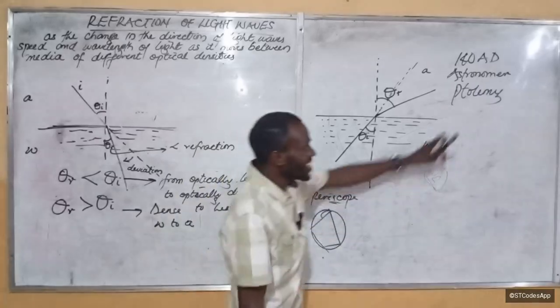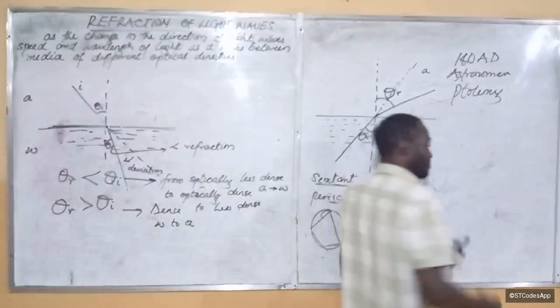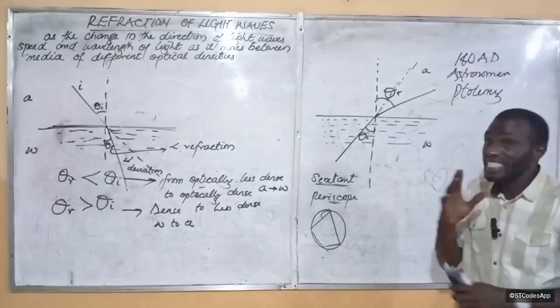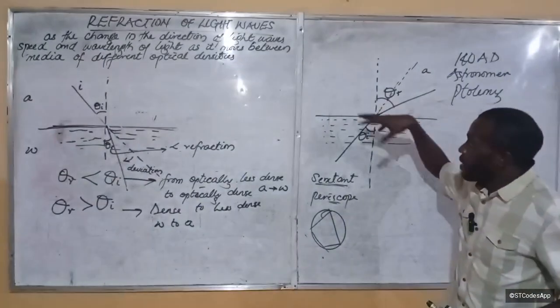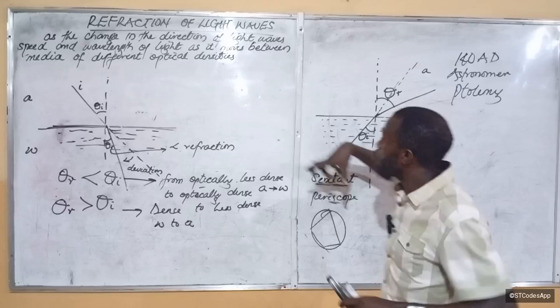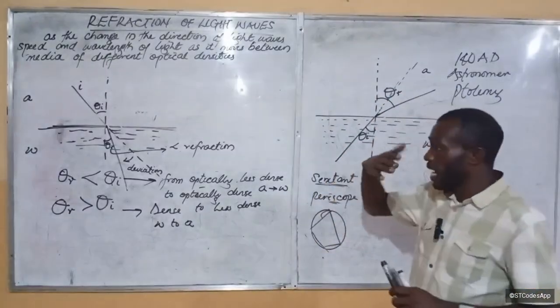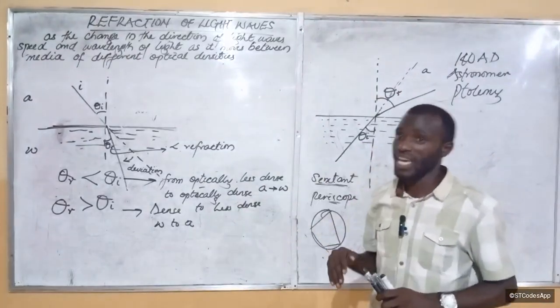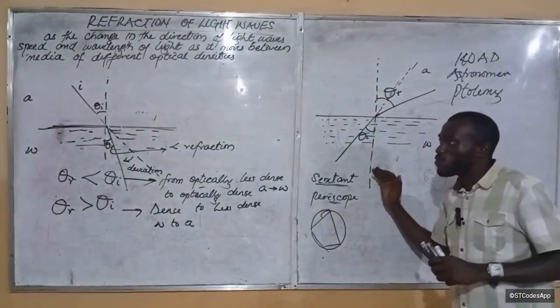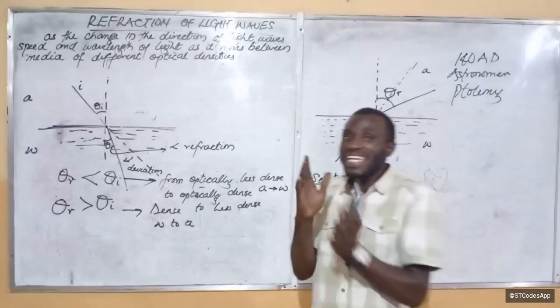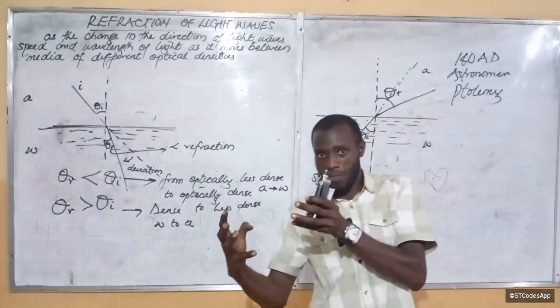All right. So my point is, this is what Ptolemy did. He tested the angle of incidence and angle of refraction for different types of glass, and created a table for them, but he was unable to establish a particular relationship between them.